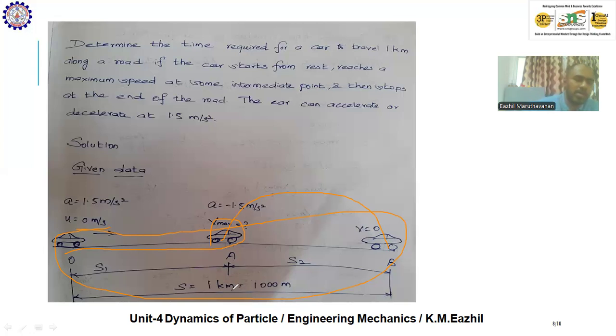So S1 plus S2 is equal to 1000 meter. In that case, S1 will be 500 meter and S2 will be 500 meter. This is our assumption. Since the acceleration is 1.5 meter per second square, uniform for both acceleration and deceleration, the distance traveled will be equal.